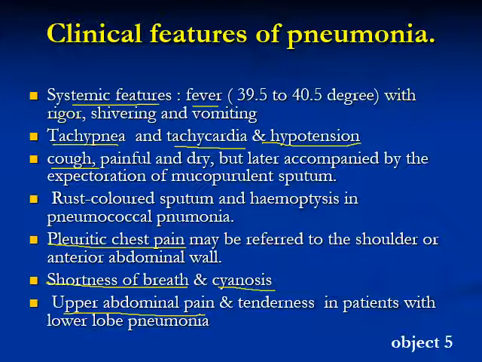Sputum may be rusty colored, or there may be hemoptysis also. Pleuritic chest pain mainly occurs in lower lobe pneumonia, and this is localized pain increased by coughing and deep breathing. There is shortness of breath and cyanosis, and patients with basal pneumonia may present with acute upper abdominal pain.